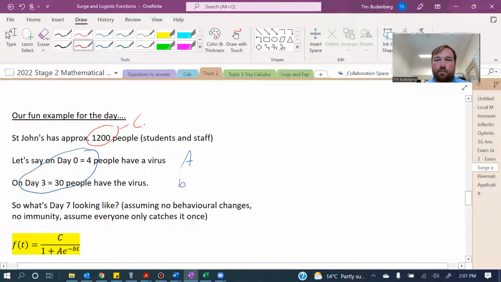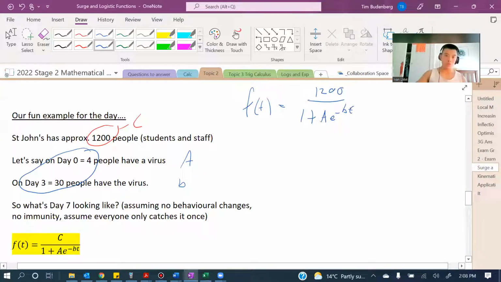The maximum number of people who can catch the virus, hear the rumor, is 1,200. So far, our logistic function looks like f(t) equals 1200 over 1 plus a e to the minus bt.